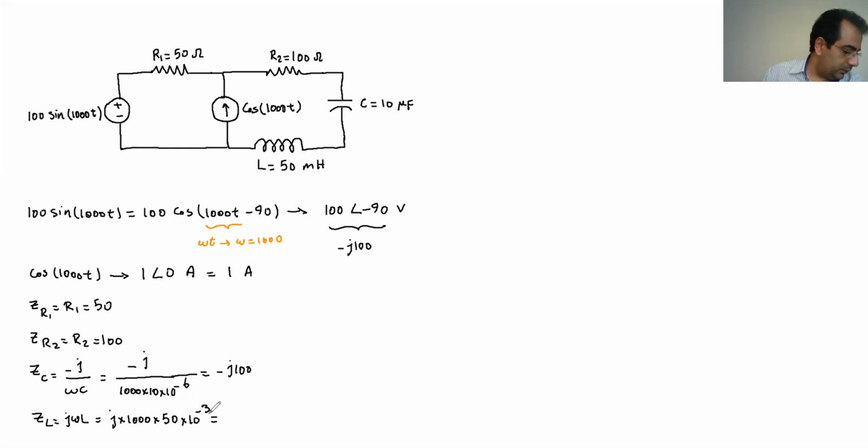So eventually it will come out as j50, or 50 with angle of 90. This one is 100 with the angle of negative 90. Remember that for these two, when you don't have any R value, you're either going down, which is negative, or going up on the imaginary axis. Anyway, in case that you need them.